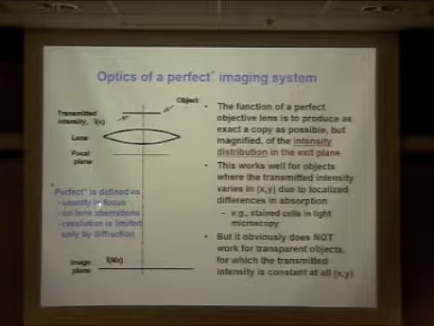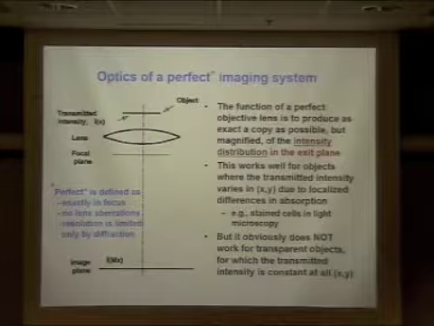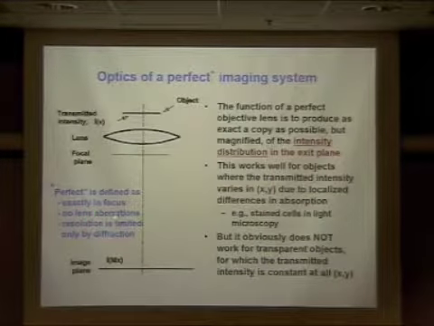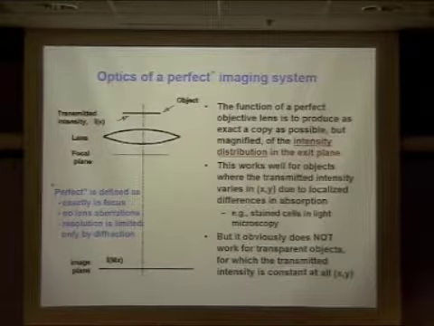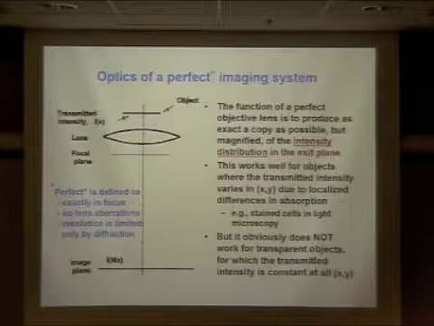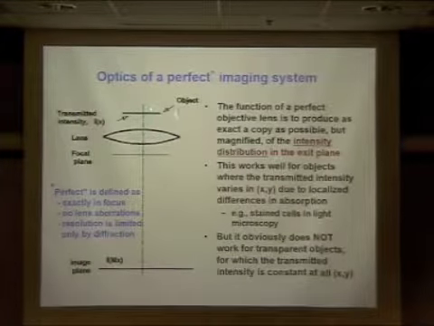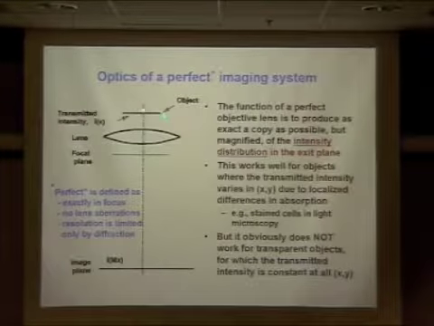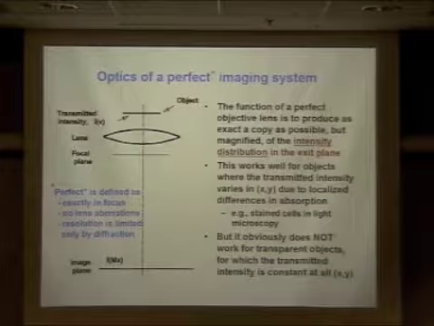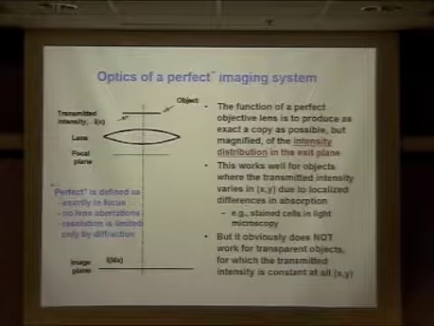So perfect is defined as the image being exactly in focus in the way I defined it earlier with the lens law. So the image is perfectly in focus, exactly in focus. There are no lens aberrations. And the resulting image, the resolution in the image, is limited only by diffraction effects, meaning that electrons, or it could be light, that are scattered at too high an angle to be accepted by the lens, for spatial frequencies higher than associated with that scattering angle, they can't be in this image.